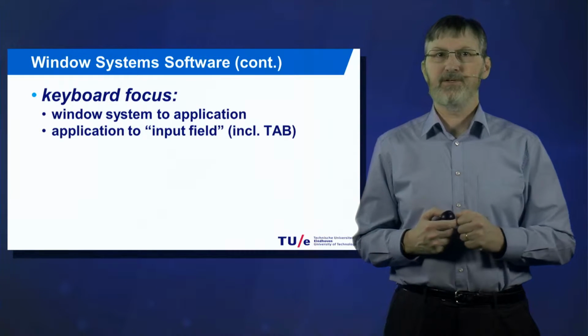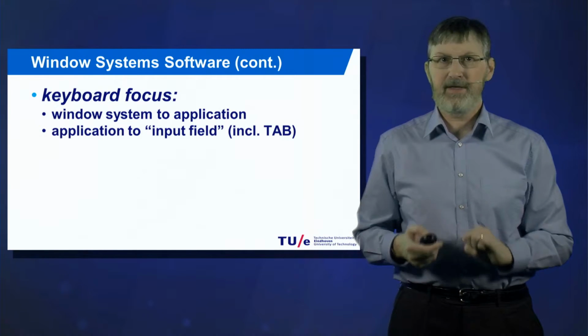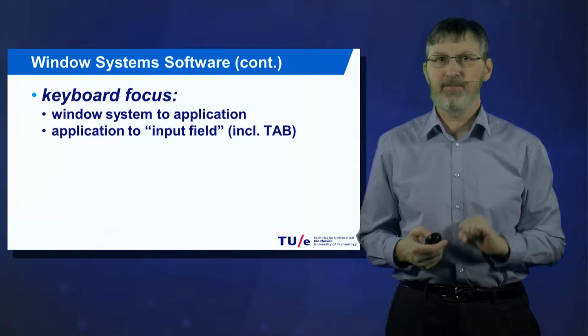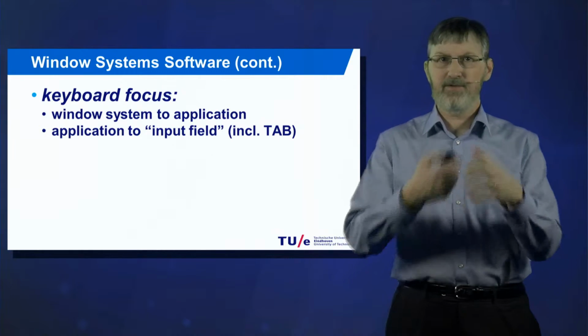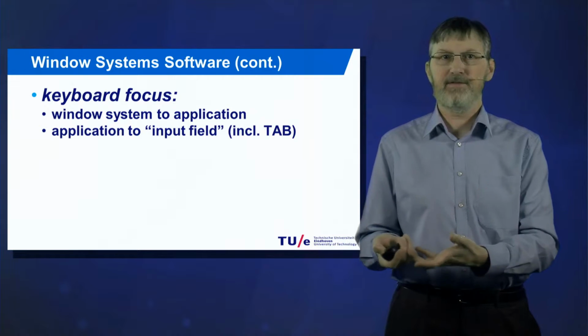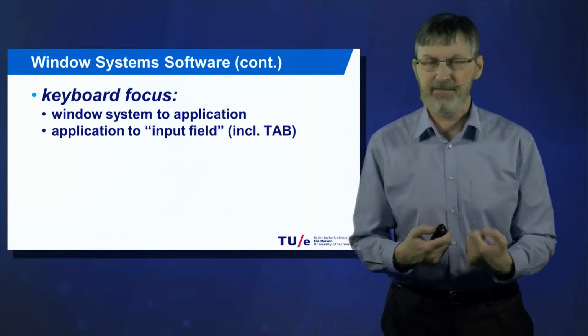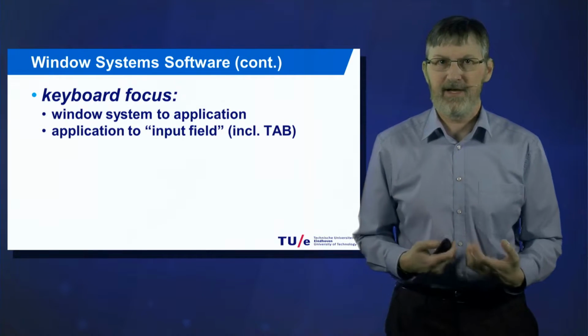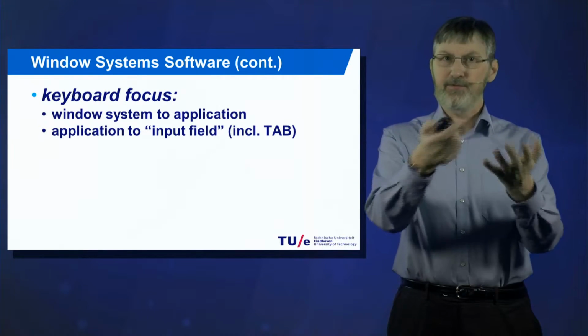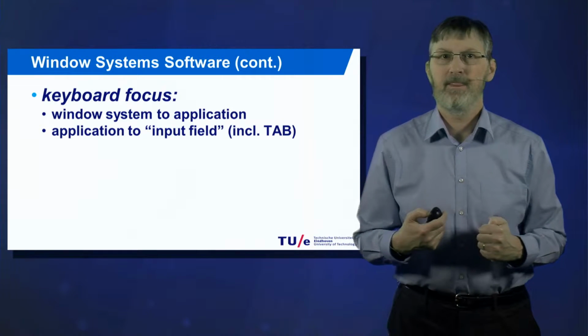There is also the issue of focus. When we are typing, the keyboard input has to be sent to the right application. Keyboard focus is what decides this. The application itself also has to decide to which of the input fields, if there are several, the input actually goes.